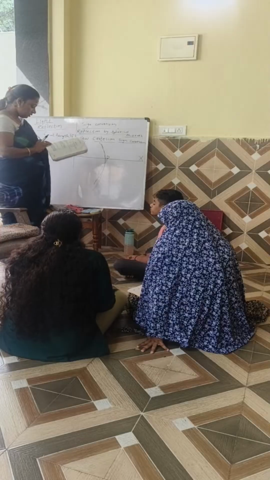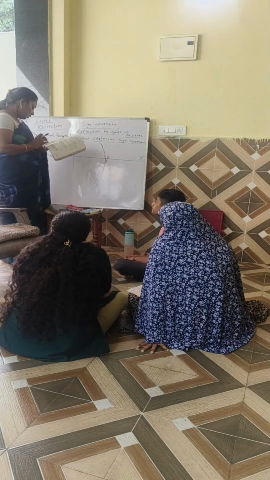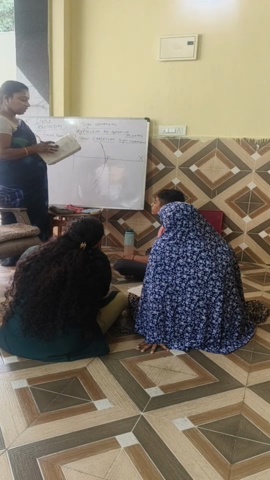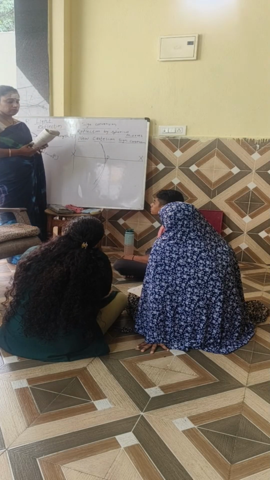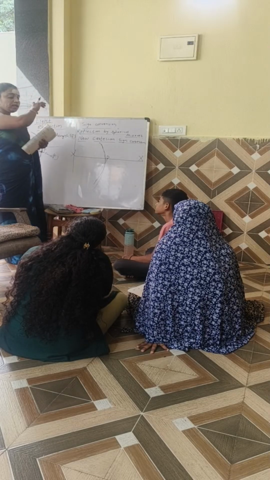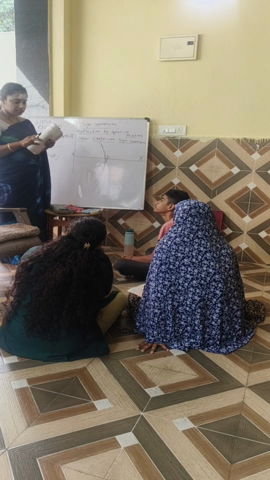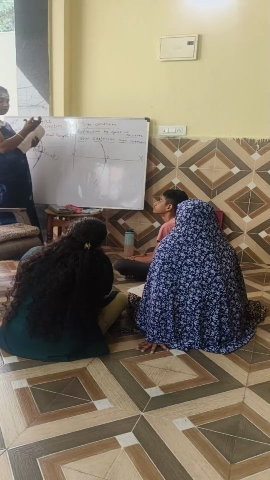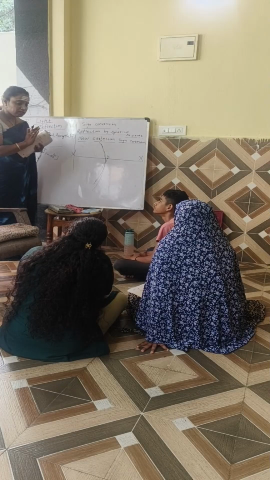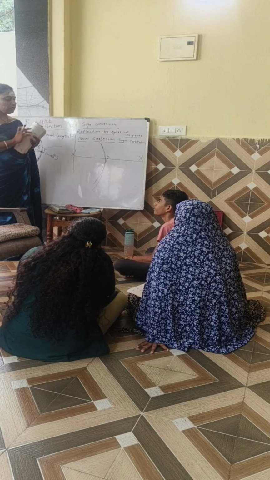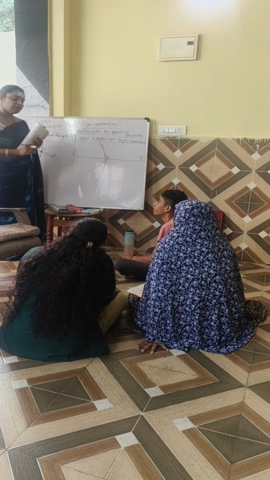Next, this implies that the light from the object falls on the mirror from the left hand side. If you keep the object on the left hand side, the light will fall from the left hand side only.